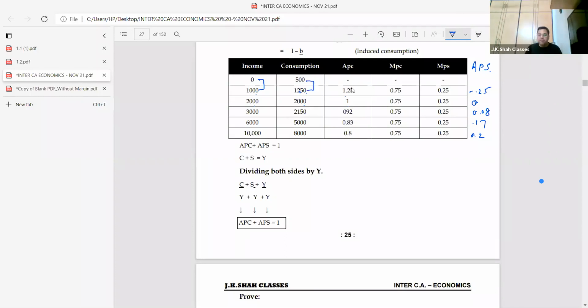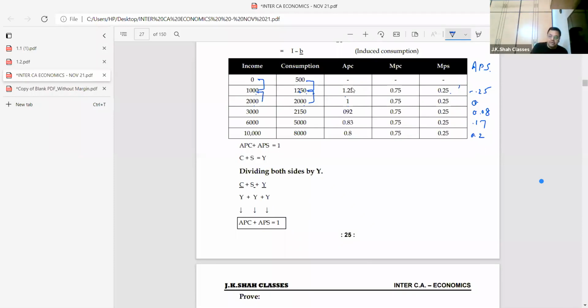So Kavya, if MPC plus MPS is equal to 1, and this is 0.75, the balancing figure is 0.25. So MPS will become 0.25. Am I right? Yes. It goes like that. So 1250 to 2000, come on, tell me. It's 750.